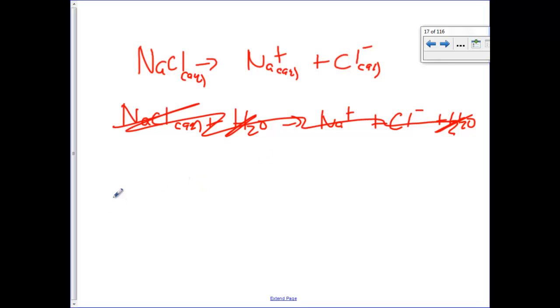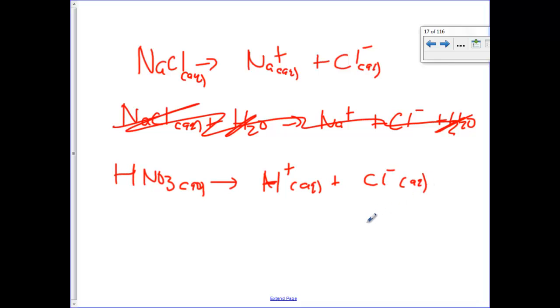But when we talk about acids, I'll write a different acid for you guys. Let's go with HNO3. We could write HNO3 turns into H+ and NO3-. That's a valid way of writing it, but this is called ionization because it's forming ions from a molecular compound. General rule of thumb, it's always an acid. But there is another way of writing it. H+ by itself is a proton, and protons don't normally stick around by themselves.